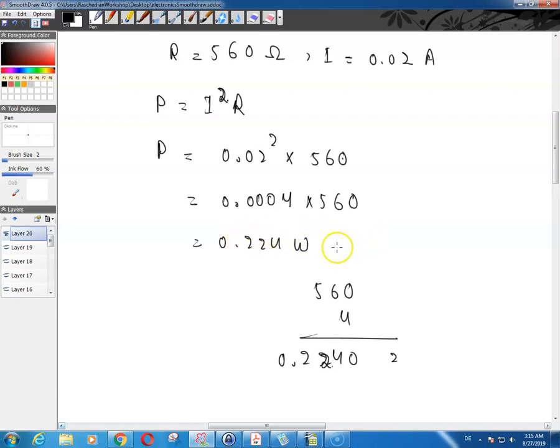Or you can write this as 224 milliwatts.